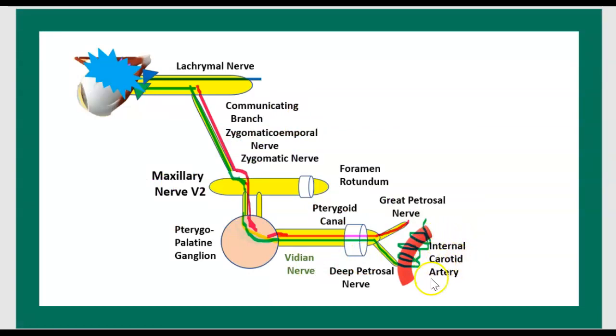From the internal carotid artery, the fiber comes in as the deep petrosal nerve. They meet the greater petrosal nerve at the level of the pterygoid canal to give the Vidian nerve.